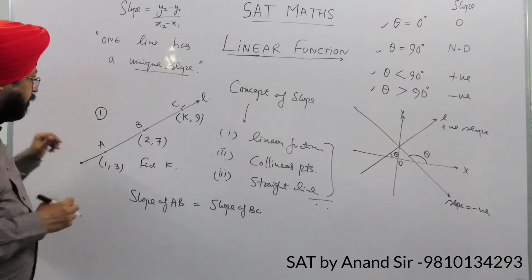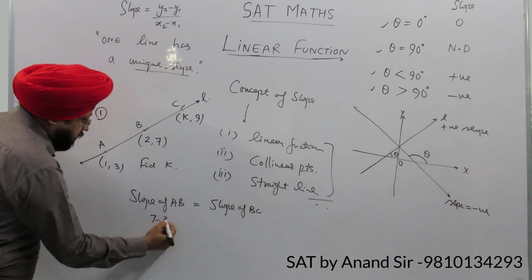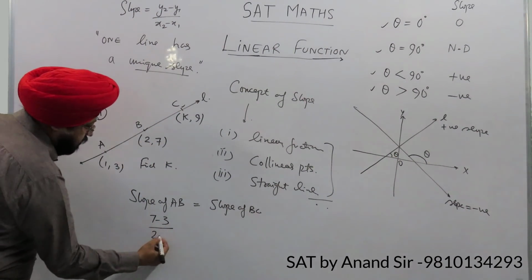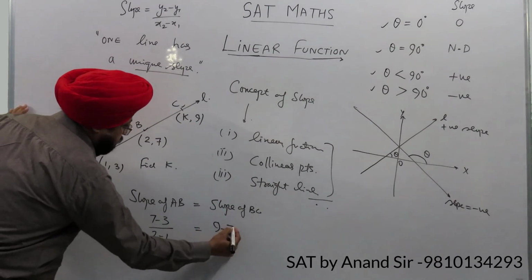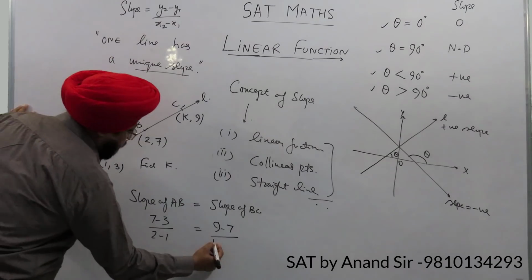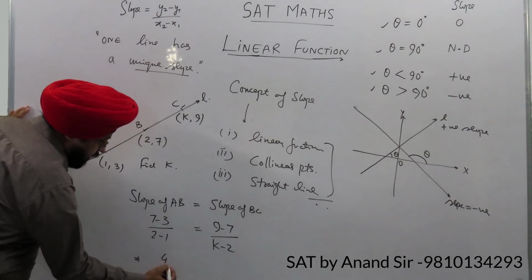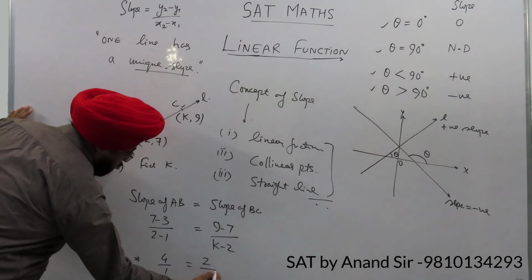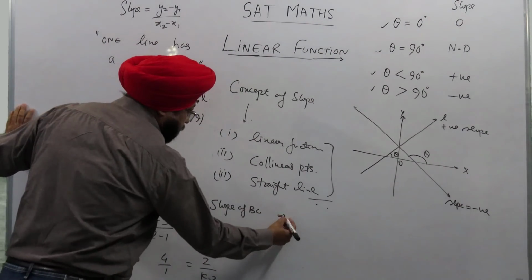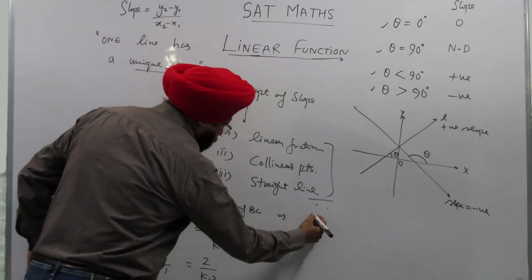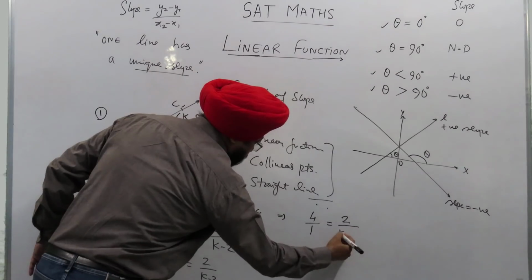So here slope of AB will be y2 minus y1, that is 7 minus 3 over 2 minus 1, which should be same as slope of BC, 9 minus 7 over k minus 2. So it becomes 4 over 1 and this is 2 over k minus 2. So if we simplify it, we get 4 over 1 equals 2 over k minus 2.